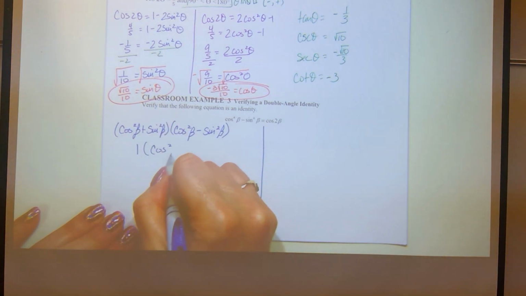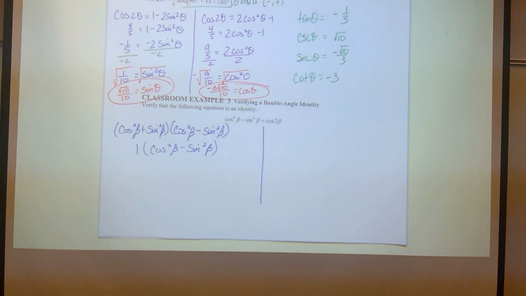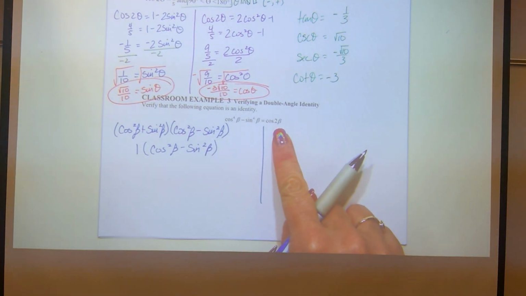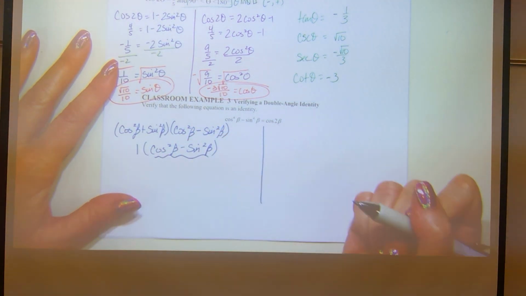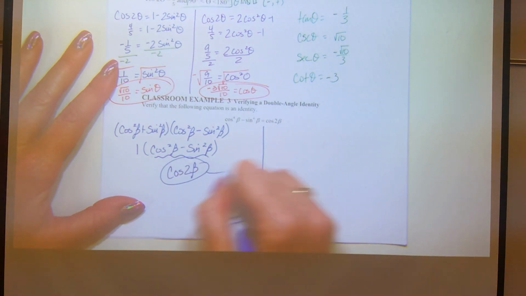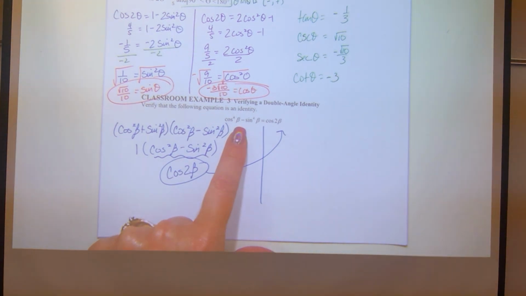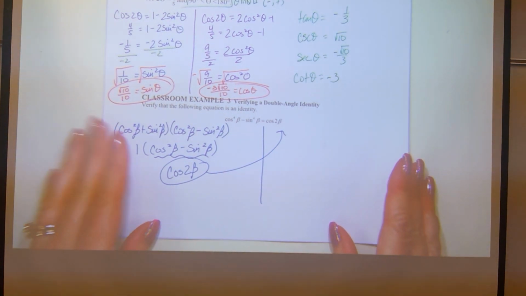So I have cosine squared beta minus sine squared beta. That's what I got left. And I need it to be cosine 2 beta. Well, you know what? This is a double angle identity. Cosine 2 beta. We're done. That one was short and sweet.